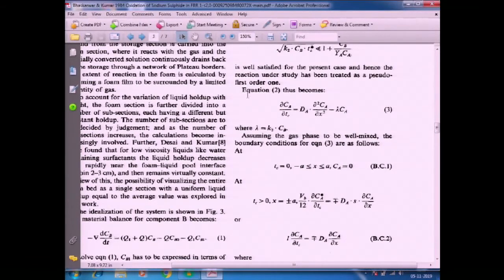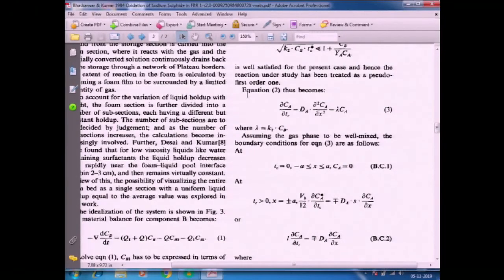So, we must put a minus sign here: minus dA dou Ca by dou x times S will be equal to Vb by 12 dou Ca star by dou Tc. So, we equate these two. The depletion, Vb by 12 dou Ca star by dou Tc, is negative, and that is equated to S times the flux dA dou Ca by dou x, which is positive, and since we can't equate a negative quantity to a positive quantity, we must put a minus sign.